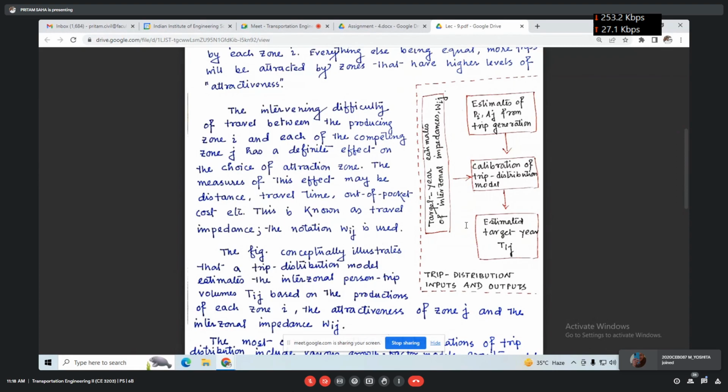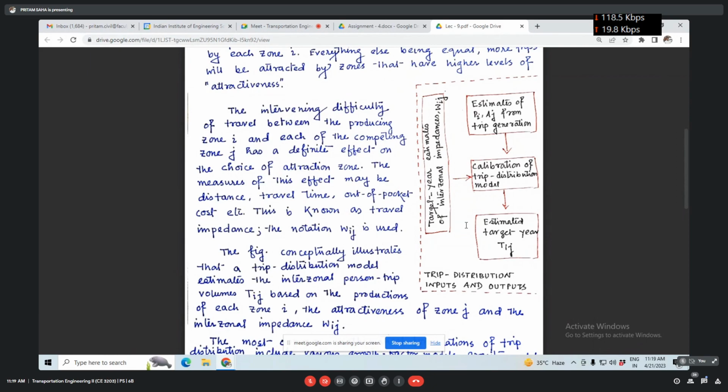So interzonal impedance may be different in the target year. Suppose today you have less traffic, so time may be less, but tomorrow when traffic increases, time may be more. So interzonal impedance may be different tomorrow. Therefore, it is important to have an idea about the future impedance in that place.